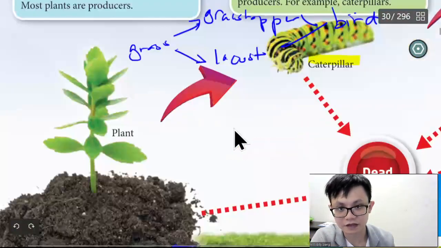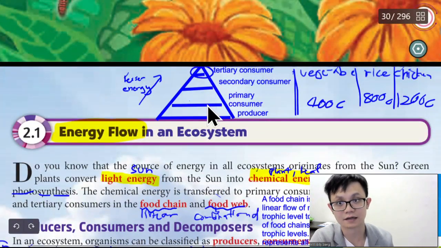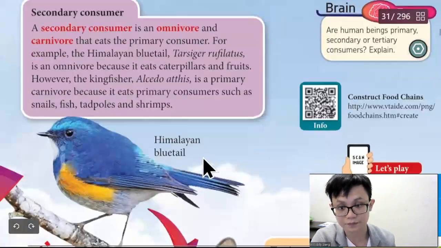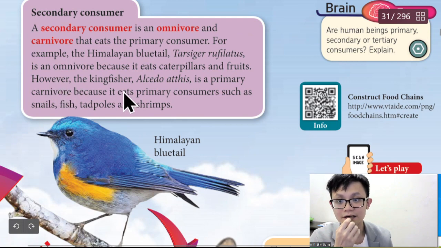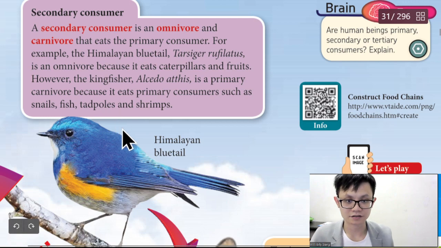So the bird will be around here, correct or not? Means the worm eats the grass, the bird eats the worm. However, the kingfisher is a primary carnivore because it eats primary consumers such as snail, fish, tadpole, and shrimp.